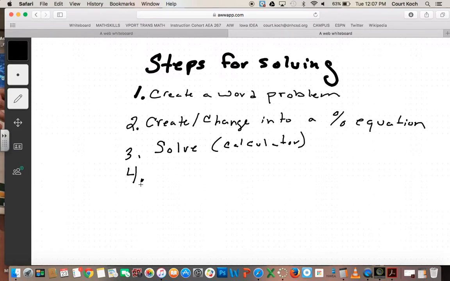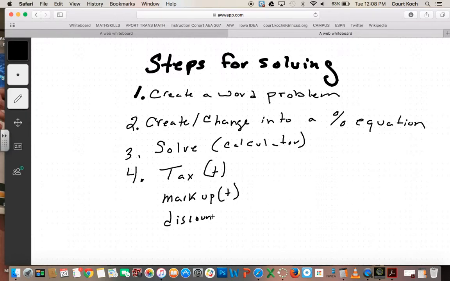Step 4. If it's a tax, you add. If it's a markup, you add. If it's a discount, we all love discounts because we take money off.